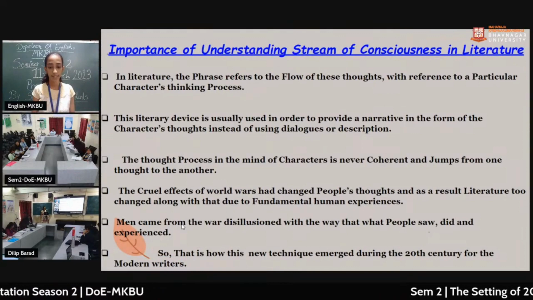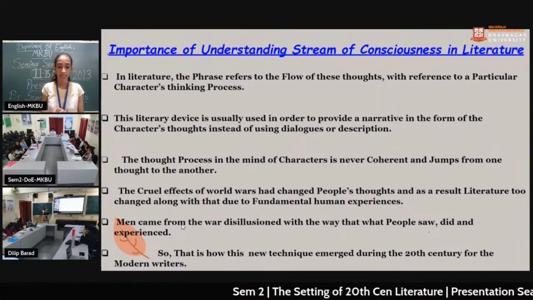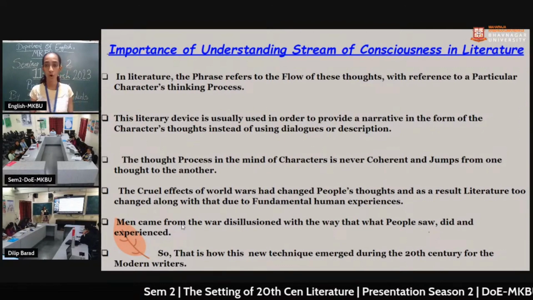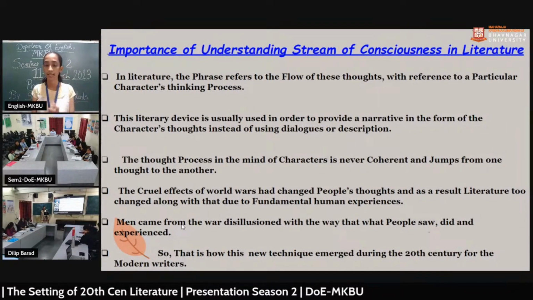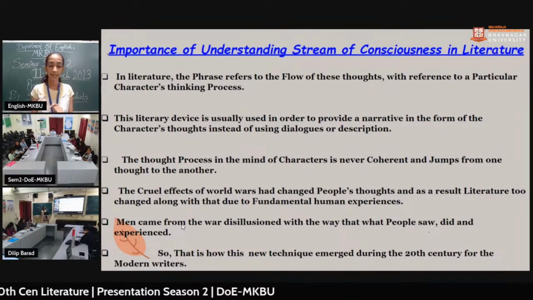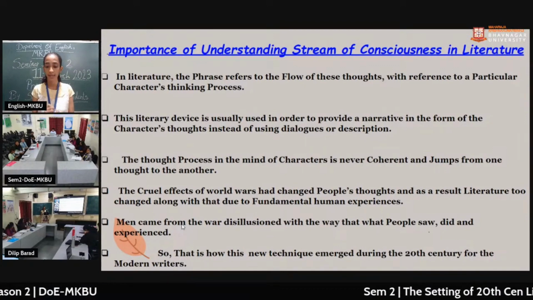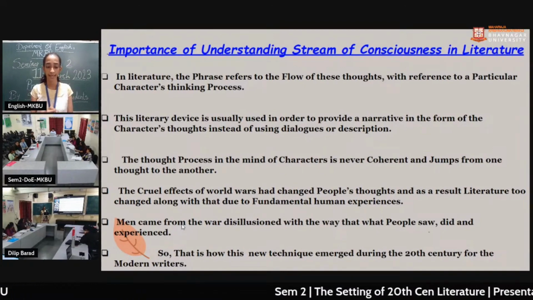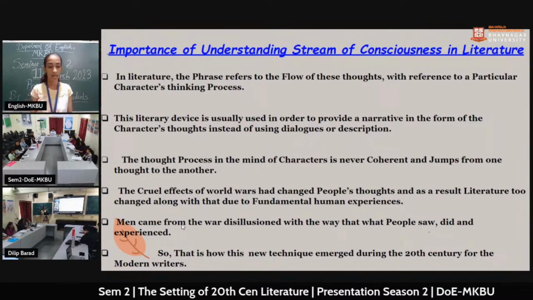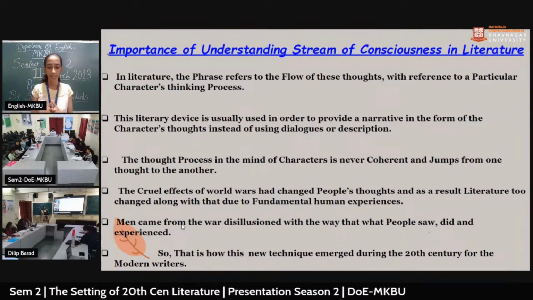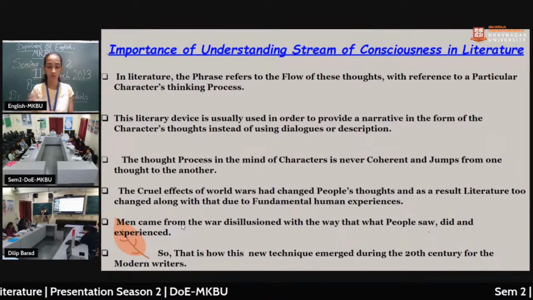Importance of understanding stream of consciousness in literature. In literature, the phrase refers to the flow of thoughts with reference to a particular character's thinking process. This literary device is usually used in order to provide a narrative in the form of the character's thoughts instead of using dialogues or descriptions. The thought process in the mind of a character is never coherent and jumps from one thing to another.